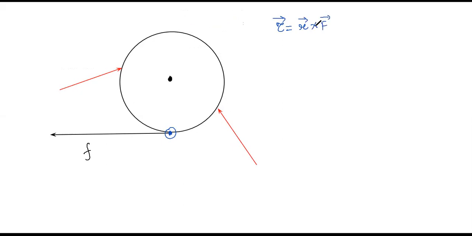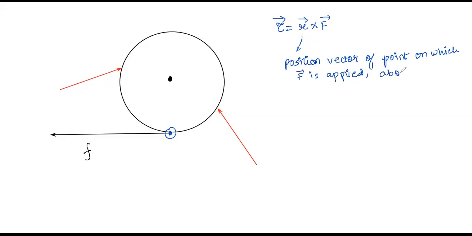What is R? Write it down clearly. R is the position vector. Everyone write this down. R is the position vector of the point on which force F is applied, about the reference point.